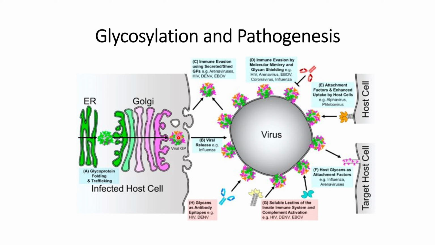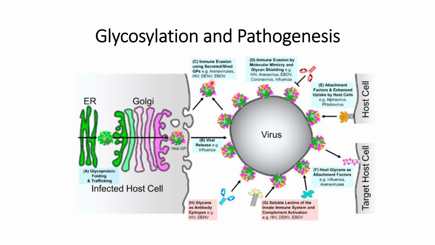The virus can then be released, for example, influenza will release into the cellular matrix. One strategy used to evade the immune system is by secreting themselves into small glycoprotein parts, as shown here. This is one of the glycoproteins found on the surface, or on the envelope, of the virus.